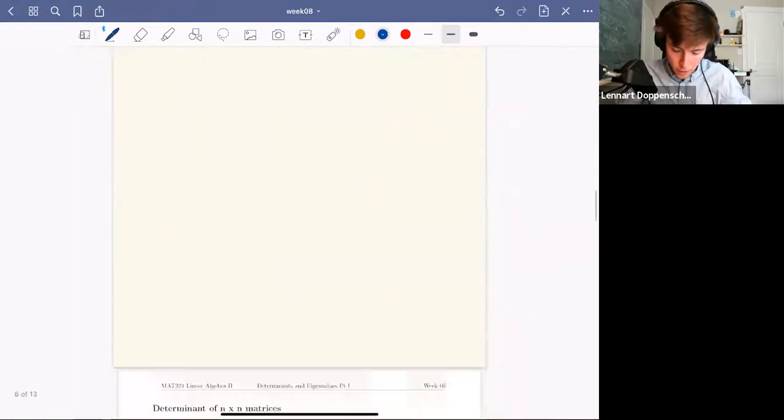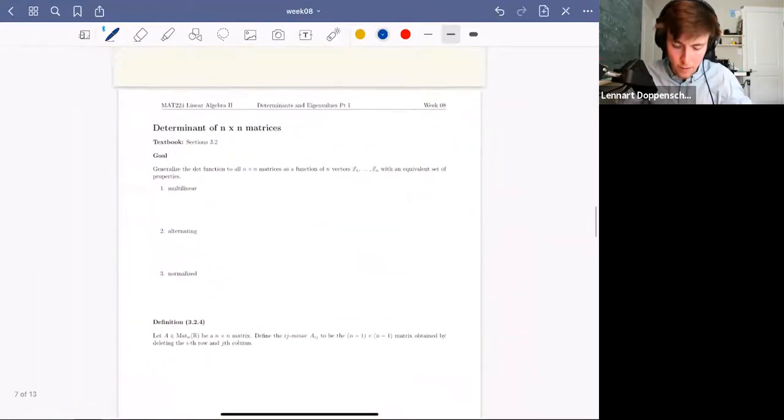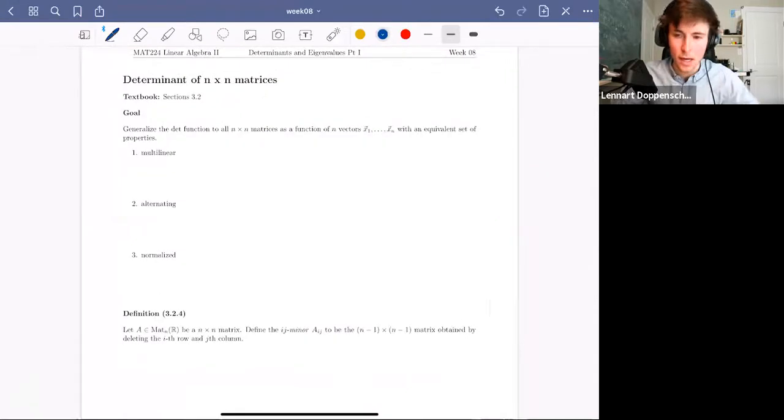All right, so tomorrow we'll continue with the determinant of n by n matrices. And just to give you something to think about before we end, the goal will be to construct a determinant for the n by n matrices. And the best way to start is to require the determinant to have very similar properties to what the 2x2 determinant has. So this means that we want a function that is multilinear, alternating, and normalized.